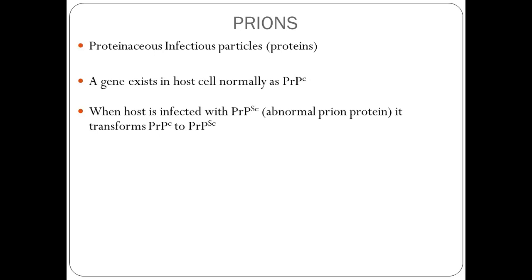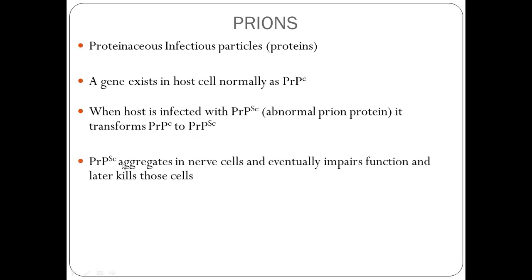When the host is infected with the scrapie protein, it transforms the normal cellular prion protein into the scrapie protein. The scrapie protein aggregates in your nerve cells, so it accumulates in the brain cells and forms plaques, basically holes in the brain. This will eventually impair your function and later kill those cells.